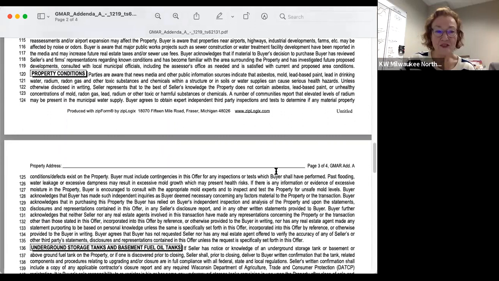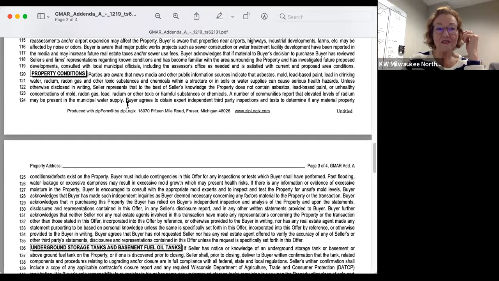Under property conditions, parties are aware that news media and other public information sources indicate that asbestos, mold, lead-based paint, lead in the drinking water, radium, radon gas, and other toxic substances and chemicals within a structure, soils and water supplies can cause serious health hazards.